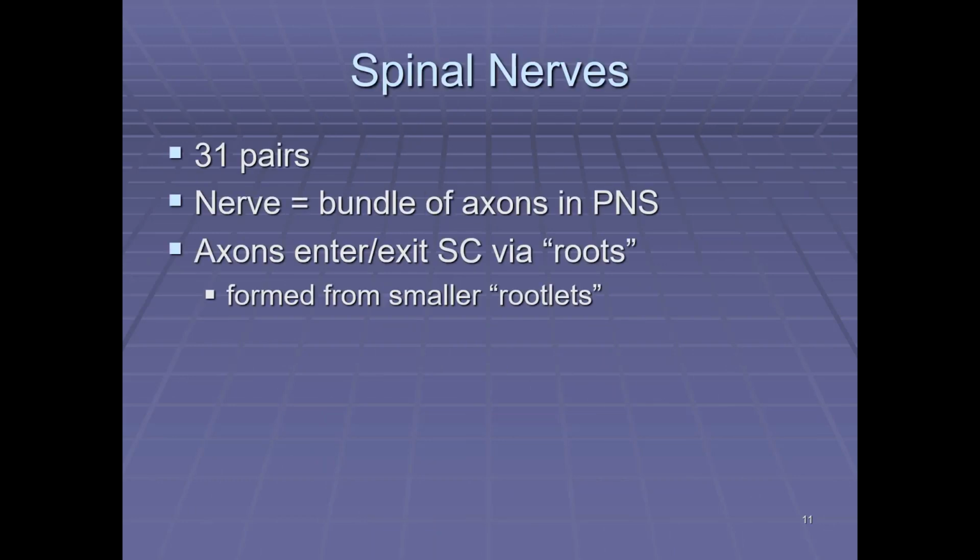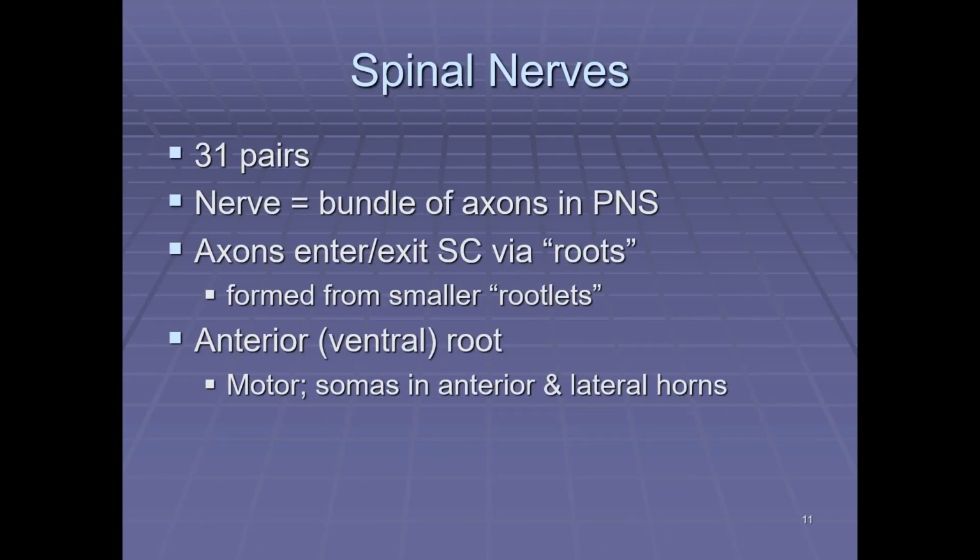All right, revisiting the spinal nerves really quick, there's 31 pairs. Remember, a nerve is just a bundle of axons in the peripheral nervous system, so the axons are bundled into nerves once they leave the spinal cord. They enter and exit the spinal cord via what we call roots, and those are formed from smaller roots called rootlets.